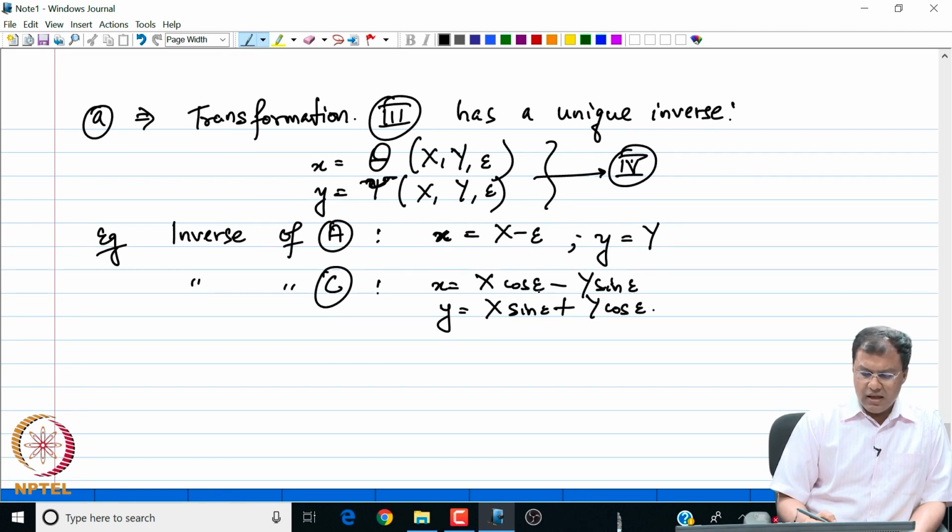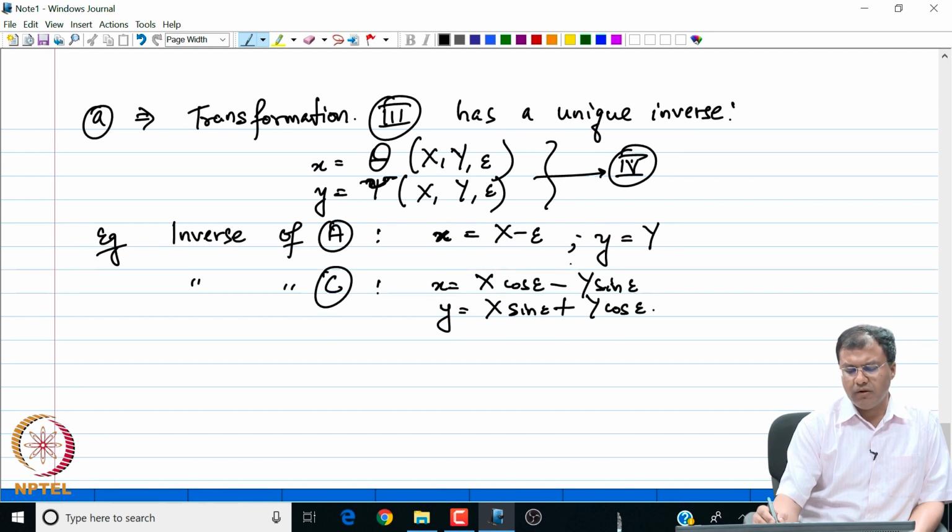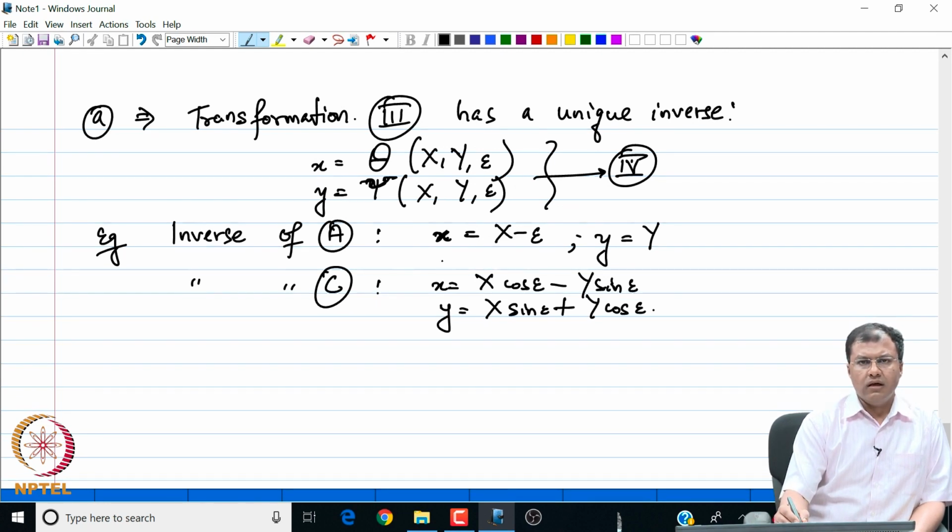Now, further, notice that we have two unknowns, small x and small y, in this inverse relation, and we have two equations, which means we can readily eliminate one of the unknowns, let us say x, and write down y as a function of capital X and epsilon.